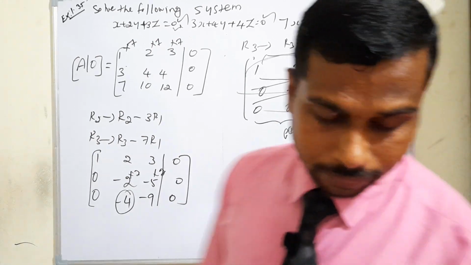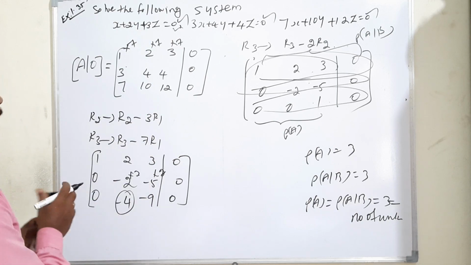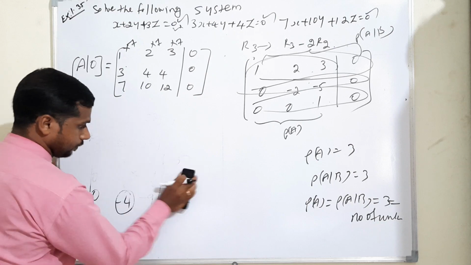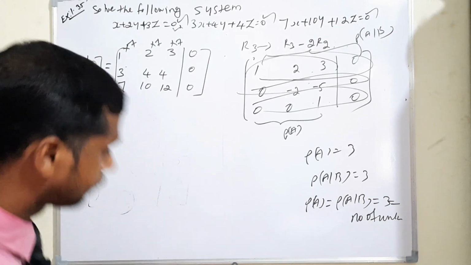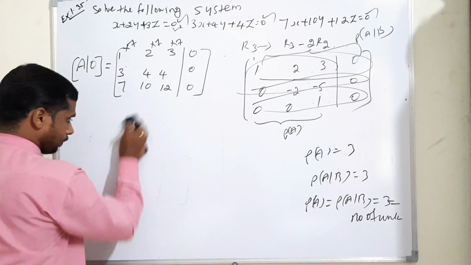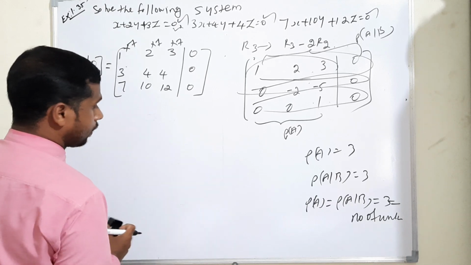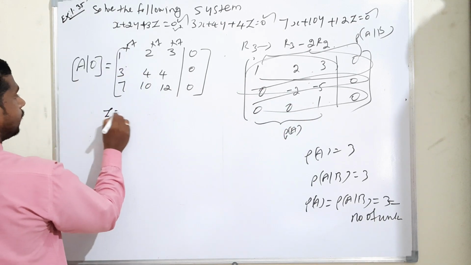Then the second condition: x is equal to 0, y is equal to 0, z is equal to 0. From the last row, z is equal to 0.